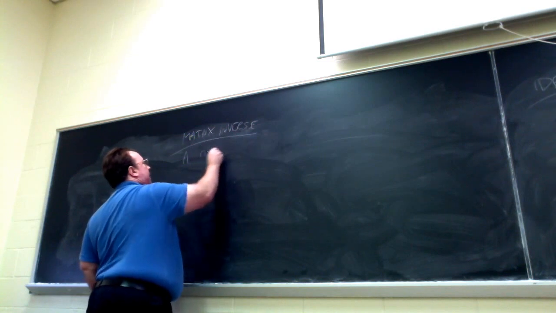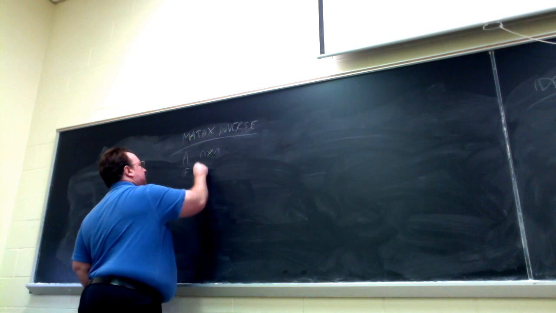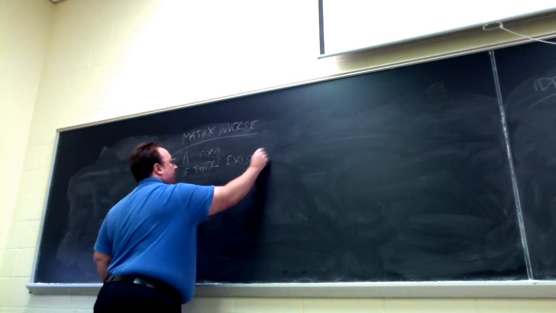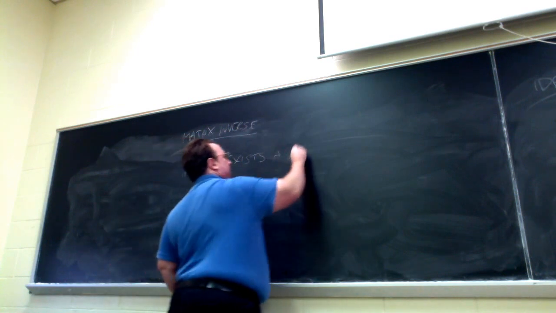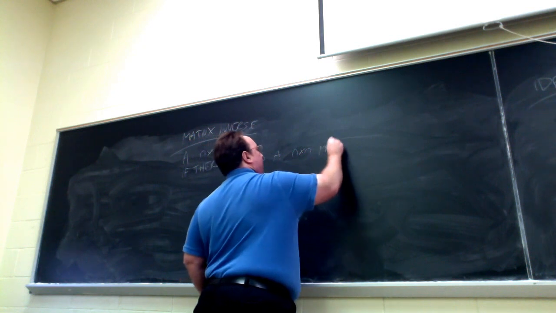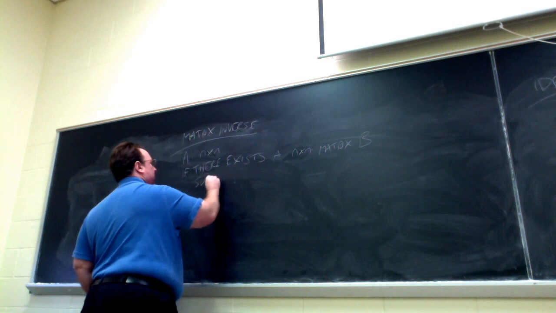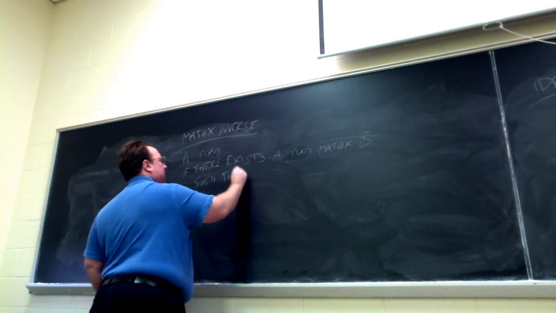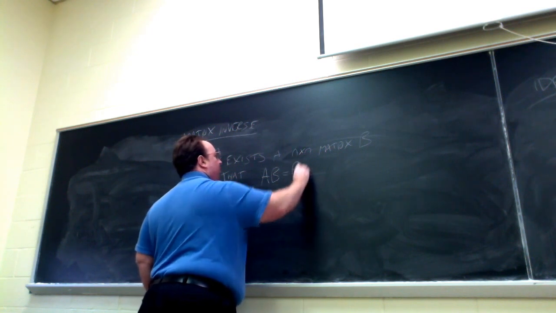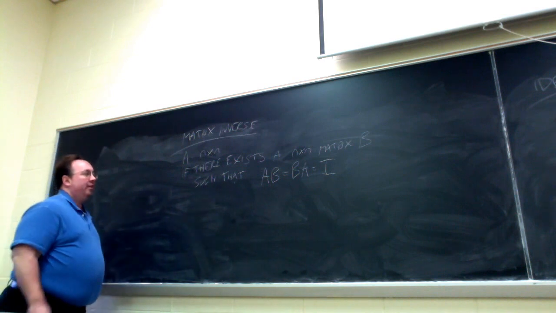So let's assume that A is n by n. If there exists, and it does not necessarily, an n by n matrix B such that you multiply B with A in either order, then you get the identity matrix.